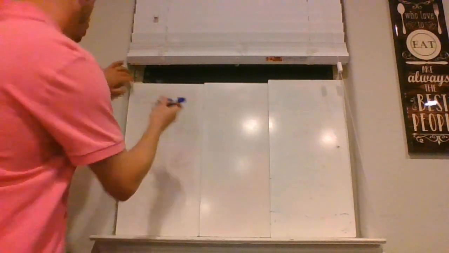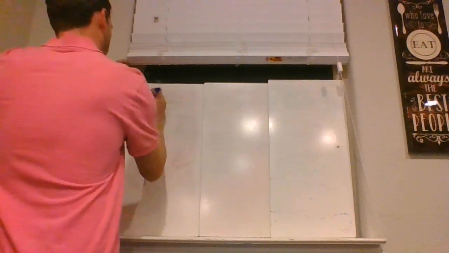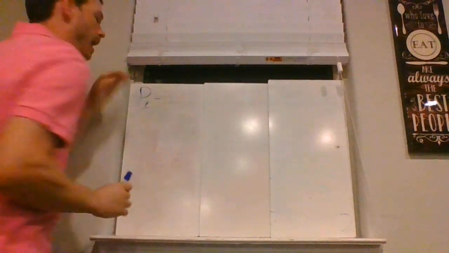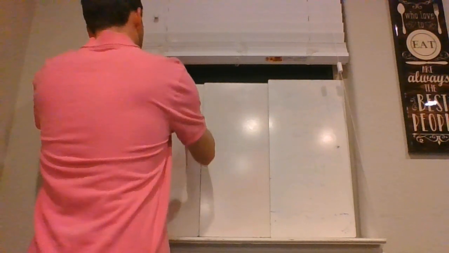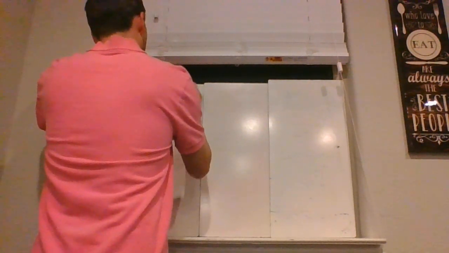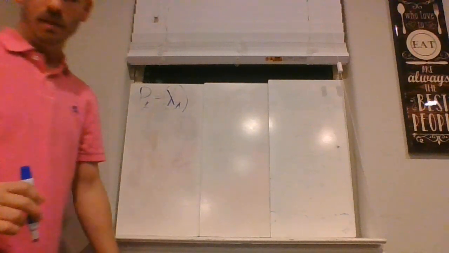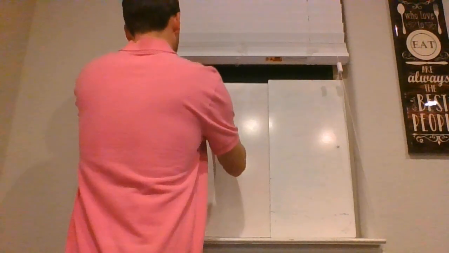The first one says calculate the partial pressure. Right away, if I'm calculating partial pressure, that's the equation that allows you to solve for it: my PA is going to equal the mole fraction multiplied by my total pressure.